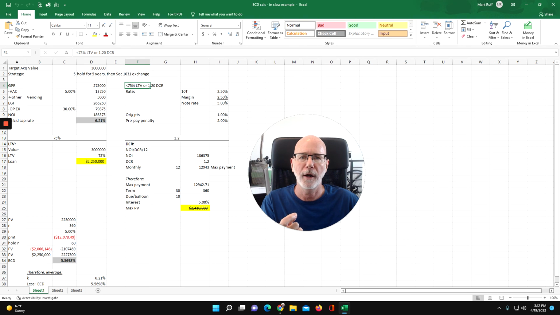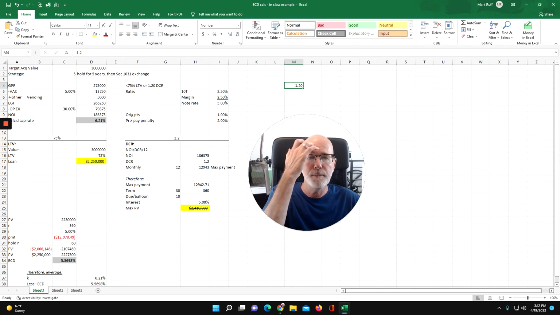LTV means loan to value. DCR means debt coverage ratio. Now I'm typing up here 1.20. I want to take this back here to 1.20. What this means, and we're throwing you right into the fire. A lot of these terms, and some of these metrics, we're going to go over not this Thursday, but I think the following Thursday.